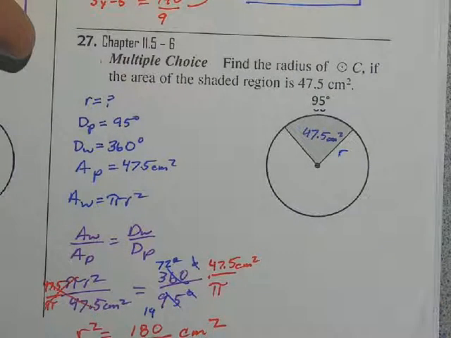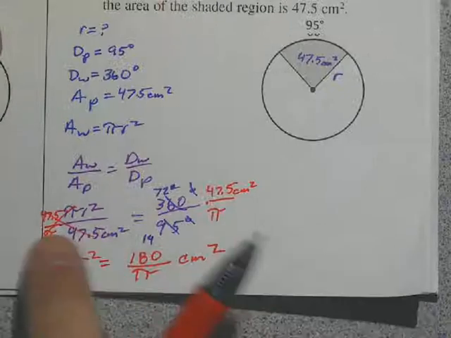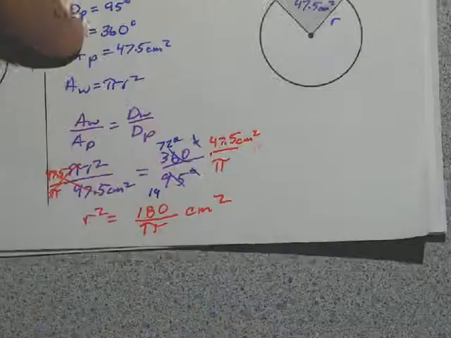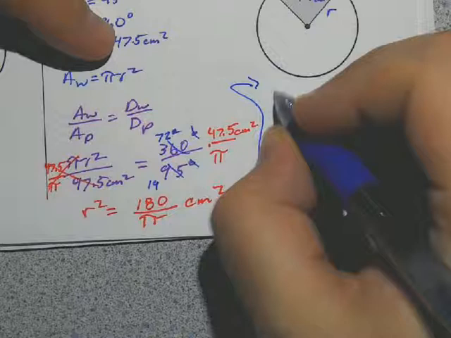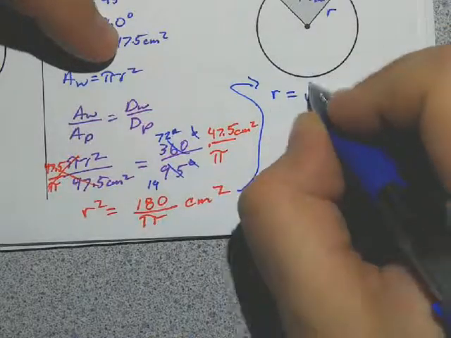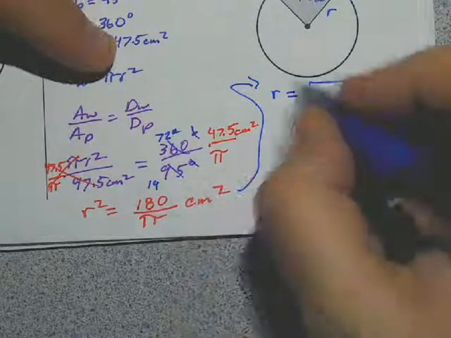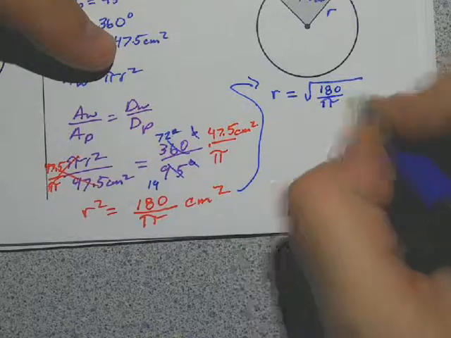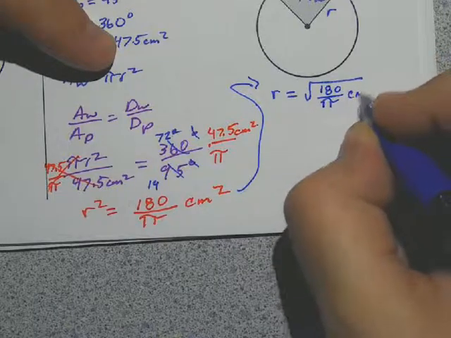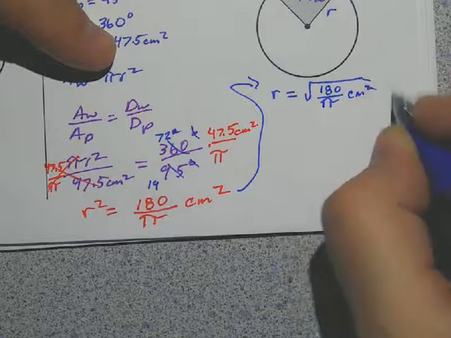Okay, so now I need to take the square root of both sides because I have r squared and I want to get it alone. So I'm going to move up here, and I'm going to get r equals the square root. I don't have to worry about the negative side because this is a distance, of 180 over pi. And when I take the square root of centimeters squared, that's going to cancel out and just leave me centimeters on the outside.